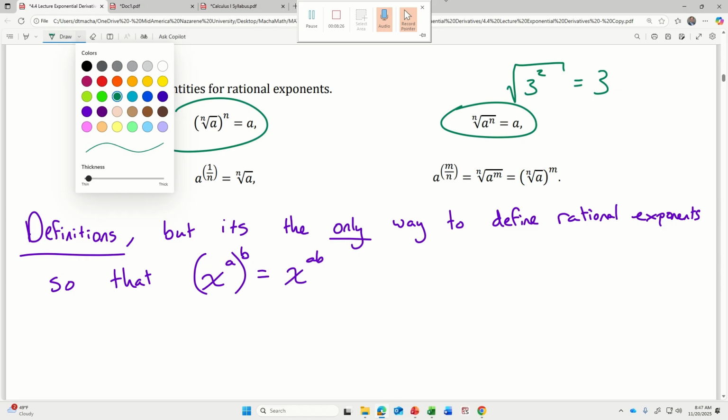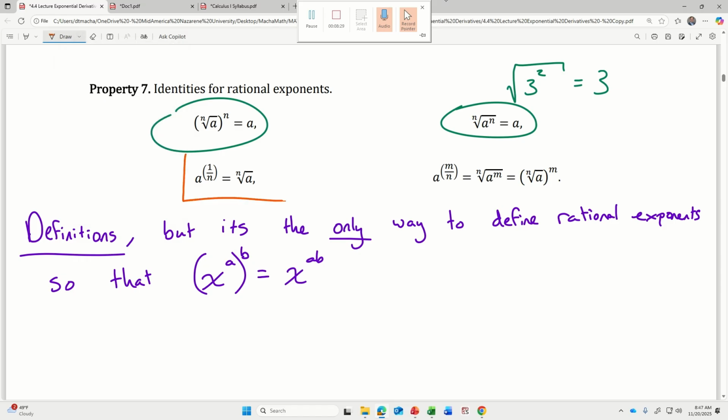Well, so then this is how we define rational exponents, right? If I have a number raised to some fraction, then this is going to be that root of that number. Or if I had like 64 to the 1/3 power, this is going to be the cube root of 64.